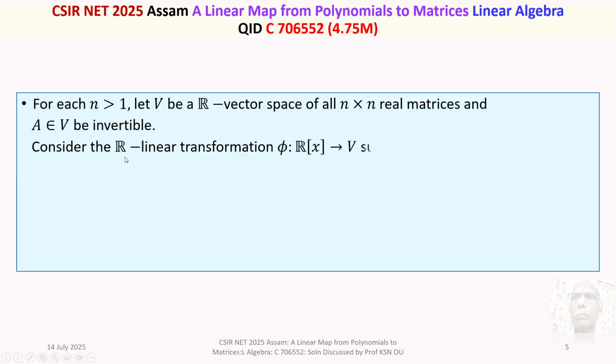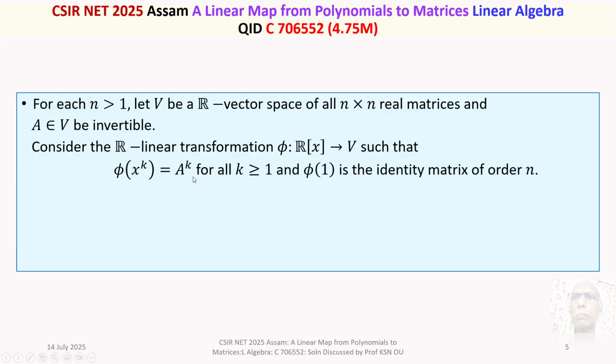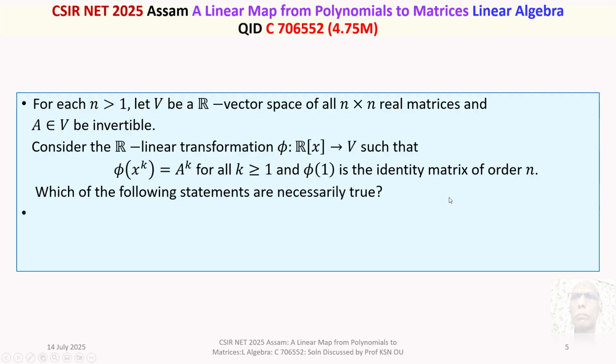Consider the R linear transformation phi from R[x] to V such that phi of x^k is equal to A^k for all k greater than or equal to 1, and phi of 1 is the identity matrix of order n. Which of the following statements are necessarily true?